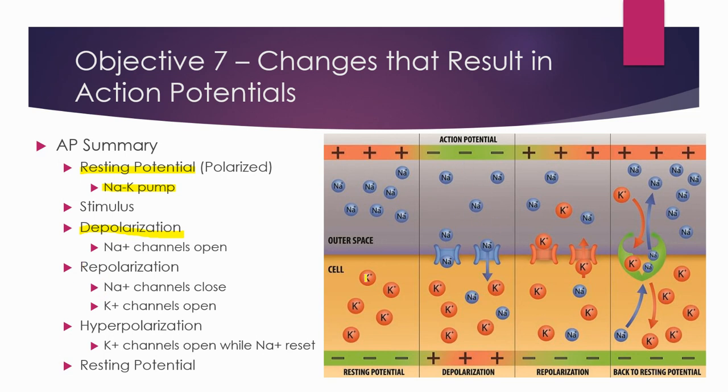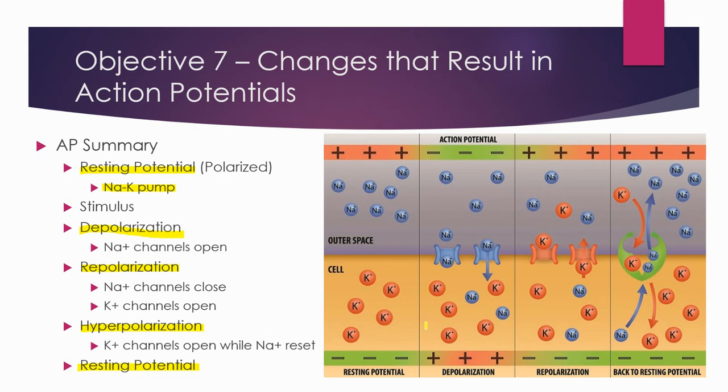Now, shortly after that, those sodium channels are going to close, potassium channels open, potassium starts moving out, and that's going to lead to repolarization. We go a little bit lower than resting potential because those potassium channels stay open a little bit longer than they need to. And then with the help of the sodium-potassium pump, we go back to resting potential.